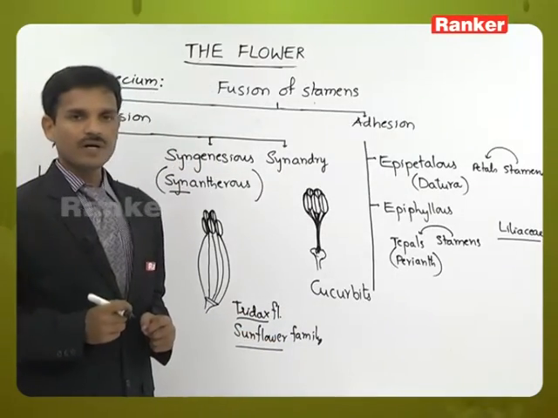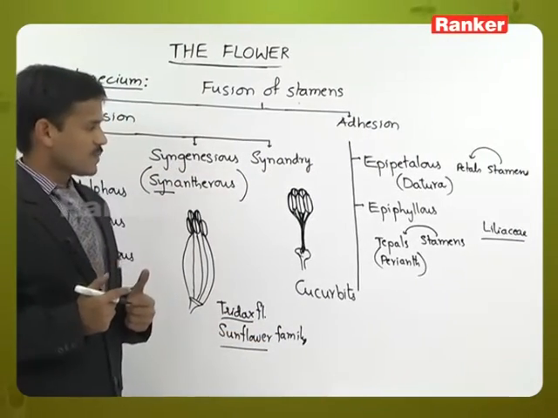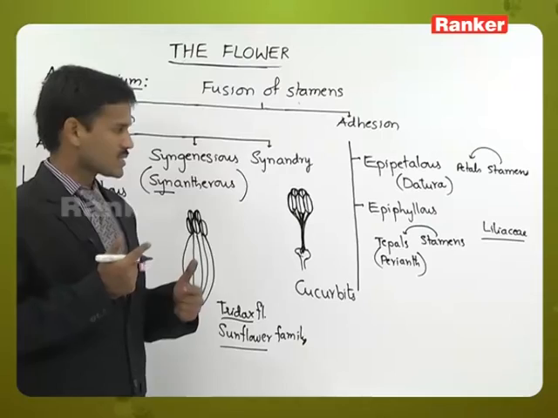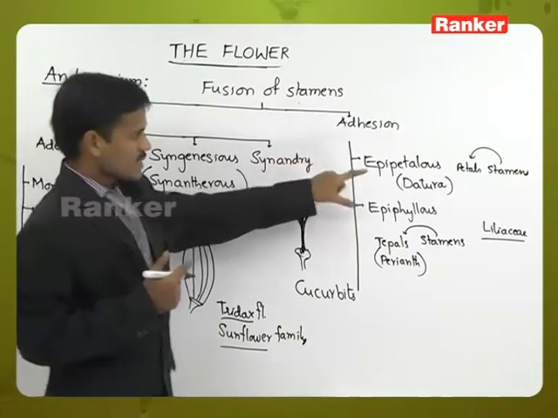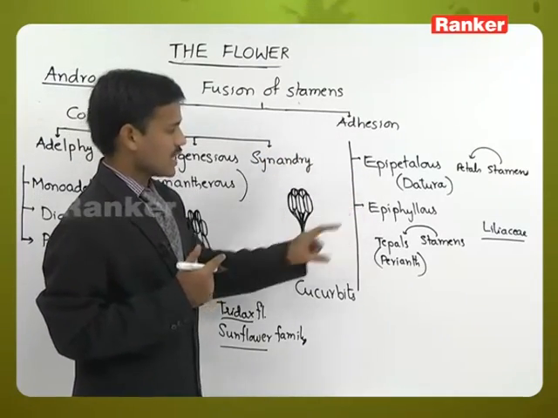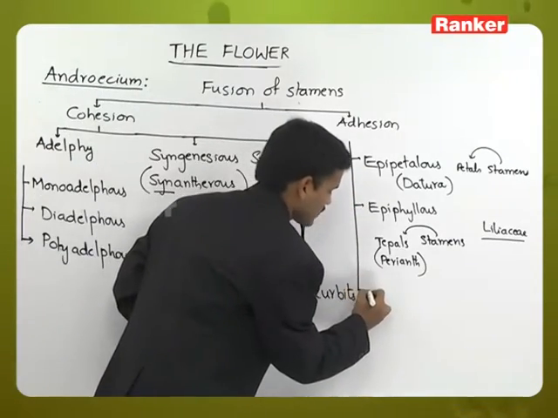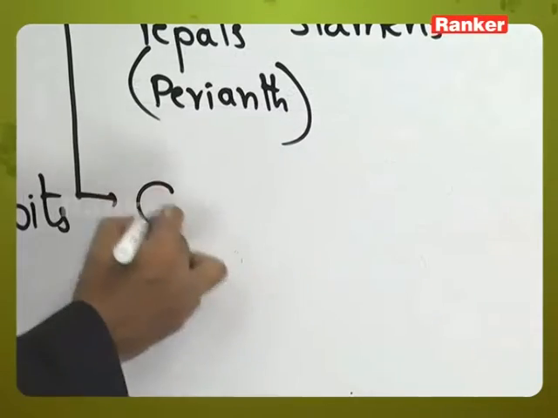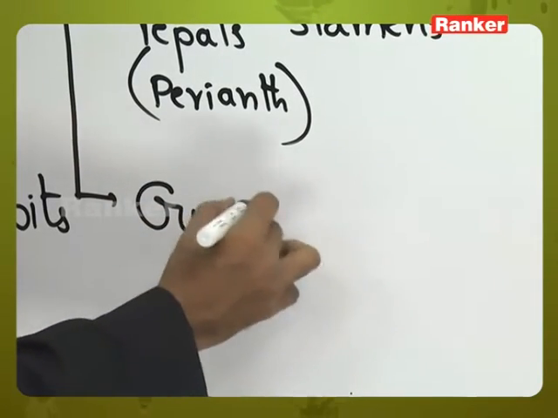The third type of adhesion is stamens fused with other floral parts. Here it is petals, tepals, and sometimes stamens are fused with gynoecium. It is called gynostegium.